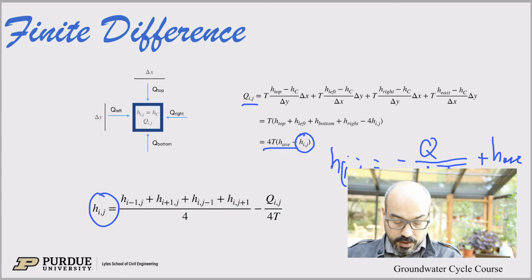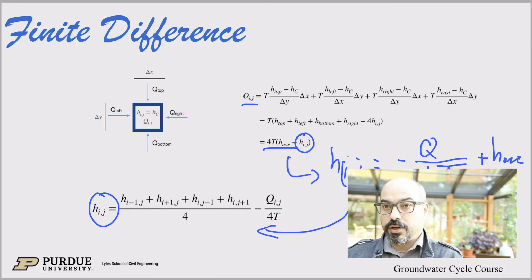Okay, so this equation is equivalent, right? And so now we can write the whole expression in terms of finite difference, and this is what we have. So now we can add that well discharge term in our equation.